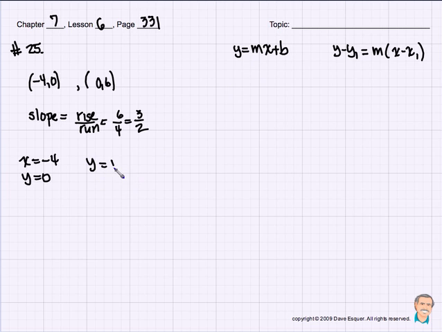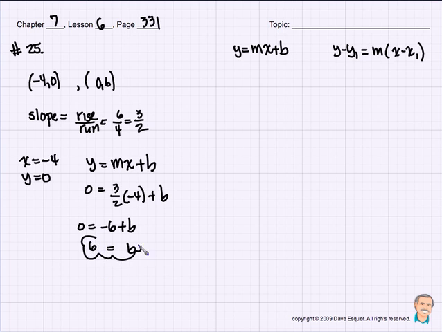So using our slope-intercept formula, we have y is equal to mx plus b, or 0 is equal to 3 halves times a minus 4 plus b. In this way, we're going to have to solve for b. So this looks like 0 is equal to minus 6 plus b, or b turns out to be equal to, I think, 6.